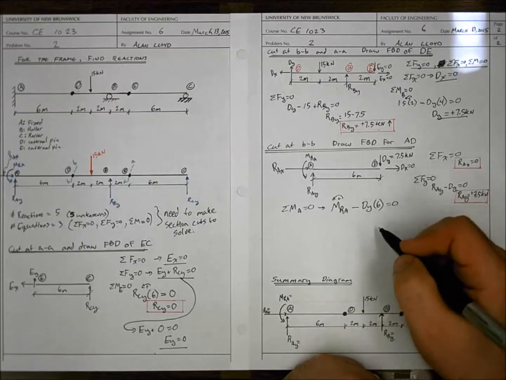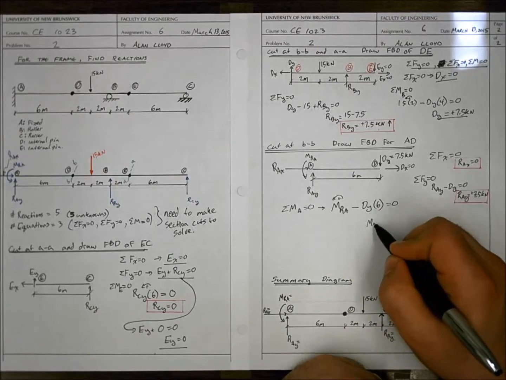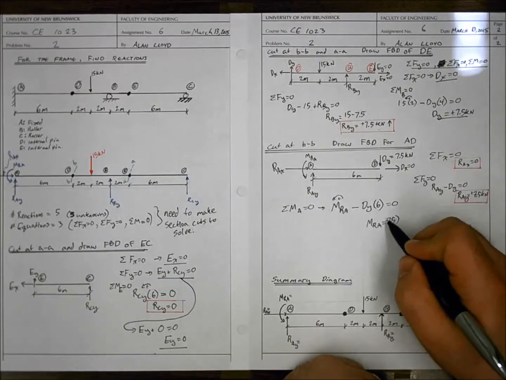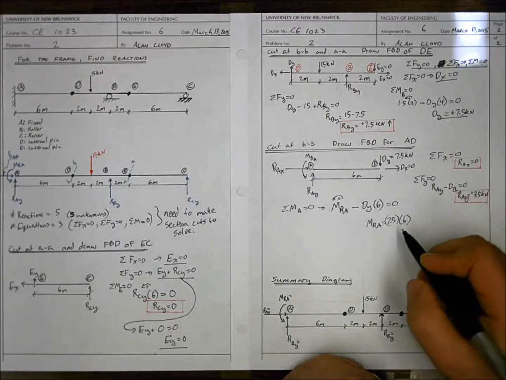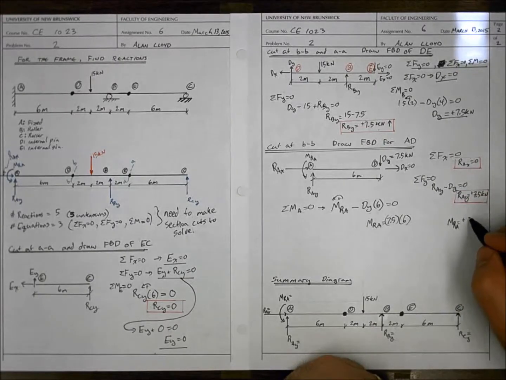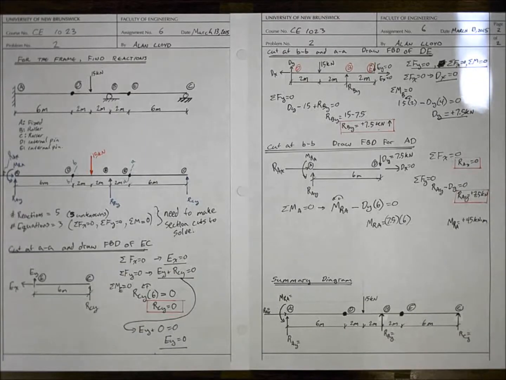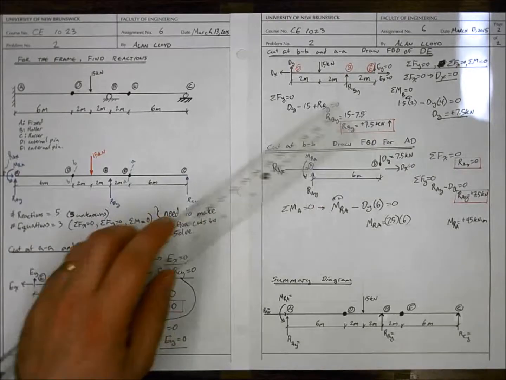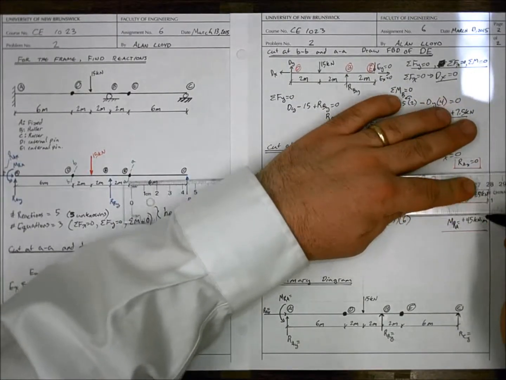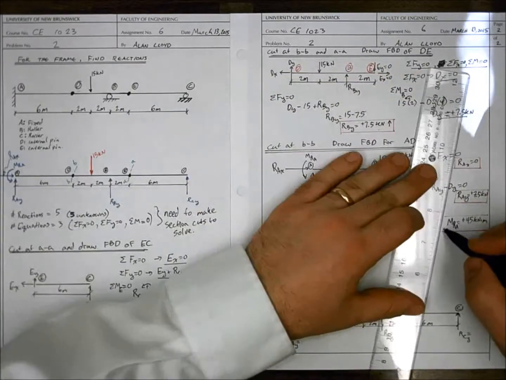Plugging in values and solving for MRA, we get MRA is equal to 7.5 times 6. This gives us MRA is equal to plus 45 kilonewton meters. The plus means that we drew it correctly, so it's acting counterclockwise. It's a positive support moment.